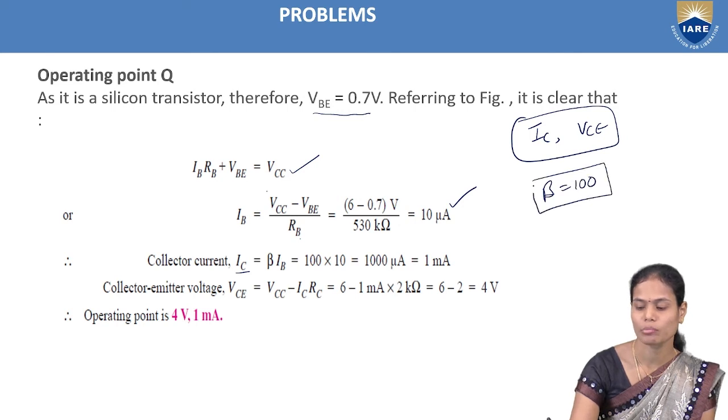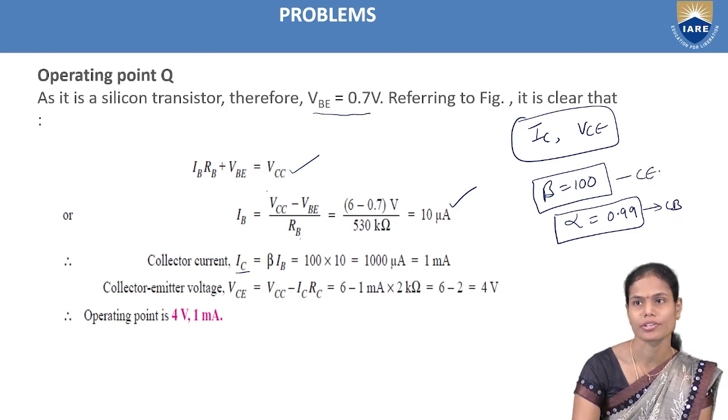The maximum value of beta is 100 and the maximum value of alpha is 0.99. Alpha is in the common base configuration and beta is in the common emitter configuration. So beta value will lie in the range of 45 to 100 and alpha value will lie from 0.95 to 0.99, almost equal to 1.